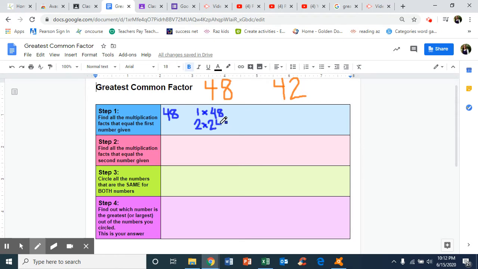And if you don't know that, you'll just have to do the math off to the side. You can do 2 goes into 48, do division to find out what that answer would be.